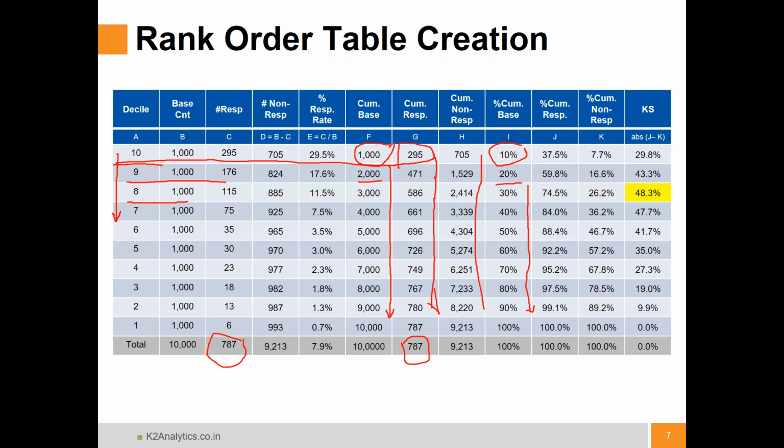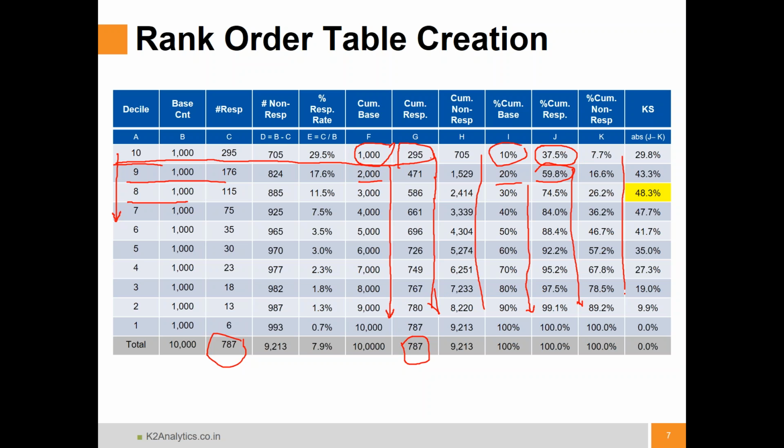But if I'm targeting only that much, I'm getting 295. Which means if I target this, I'm getting 37.5 percentage of potential responders captured. If I target the top two, what percentage of responders am I capturing? 59.8. If I target all 10 deciles, what percentage of potential responders will I capture? 100 percentage, obviously.